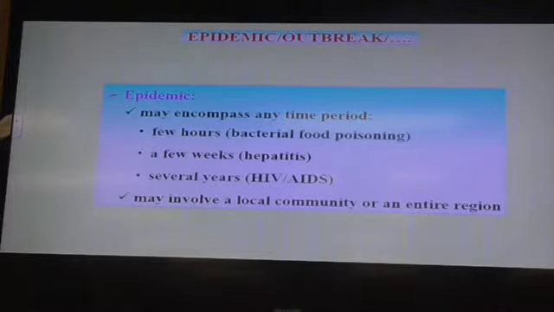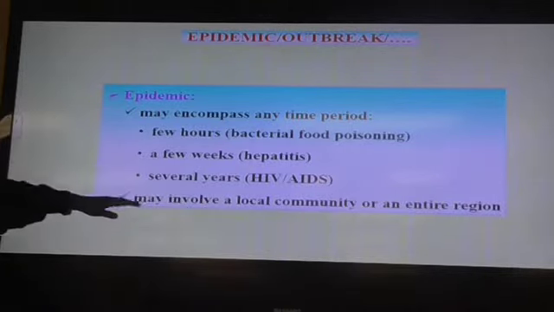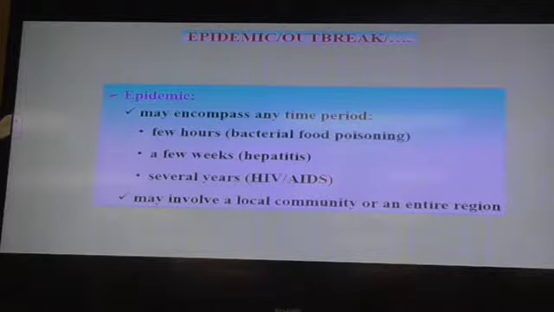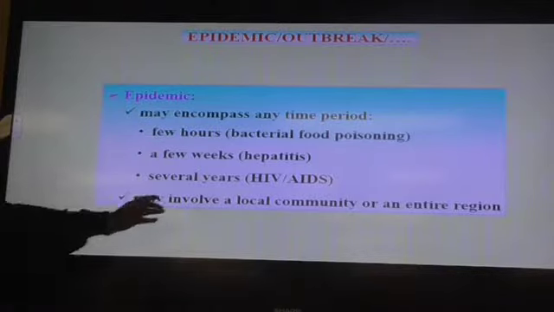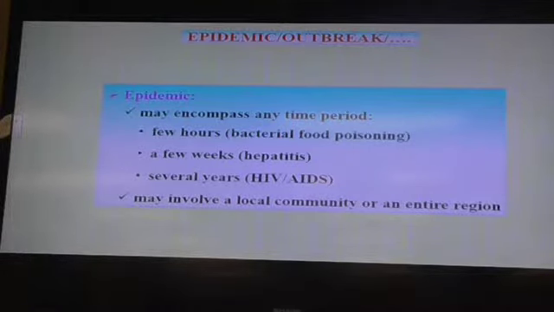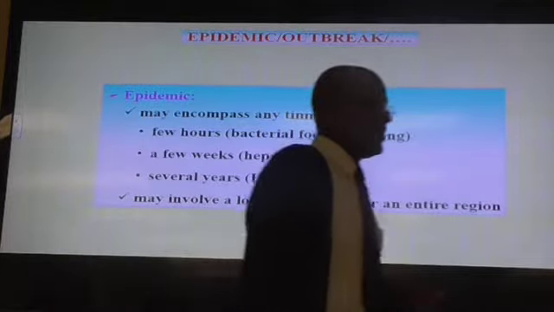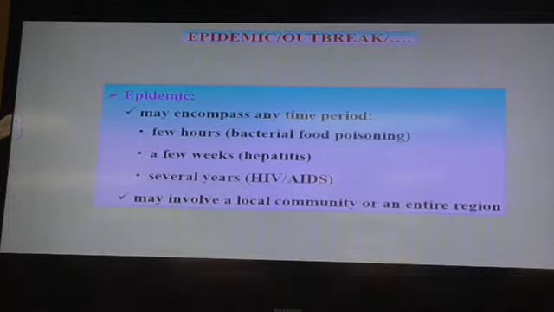As you see now, for example, HIV/AIDS has been going on for over 30 years, close to 40 years. So epidemics can span several times. In terms of geographic spread, it may involve a local community, an entire region, or even the whole globe. So it can encompass any time period and any geographic area or region.